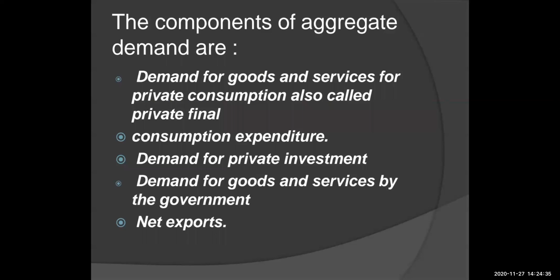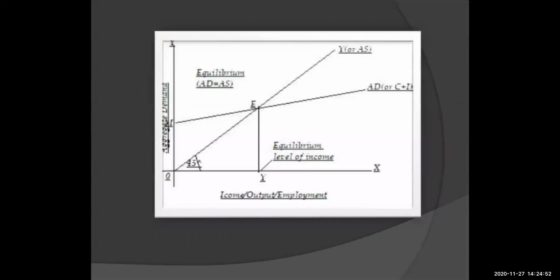Demand for goods and services for private consumption, also called private final consumption expenditure, demand for private investment, demand for goods and services by government, and net export, that is X minus M, which I had already mentioned in the previous session. If we observe this diagram, AD is our aggregate demand curve, which is nothing but C plus I, that is consumption plus investment.